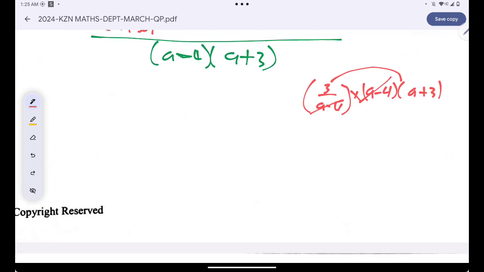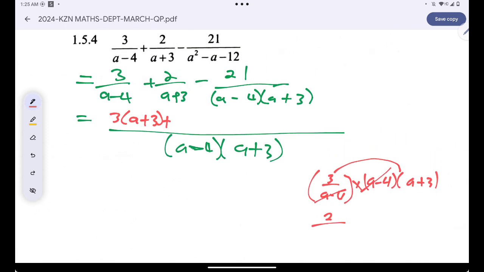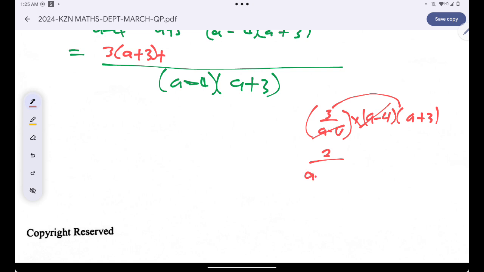And then when I take the second term, I have 2. Is it 2? Yes, 2 over a plus 3 multiplied by a minus 4 and a plus 3. The a plus 3's will cancel. I'll be left with 2 times a minus 4.